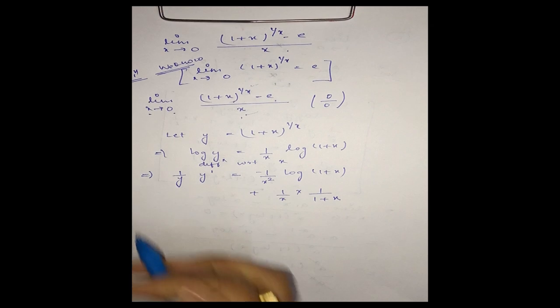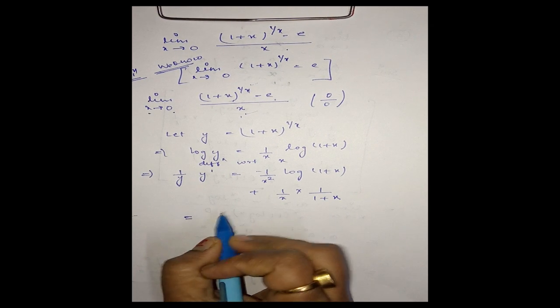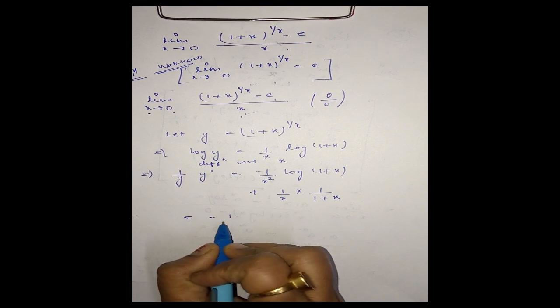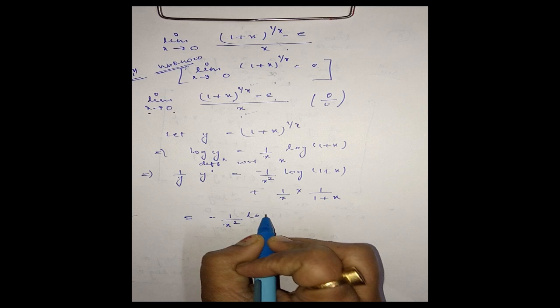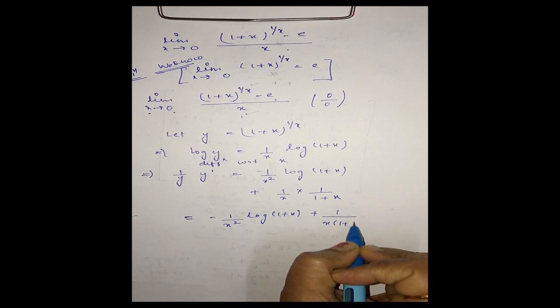That means this is equal to minus 1 by x square log (1 plus x) plus 1 upon x into (1 plus x).